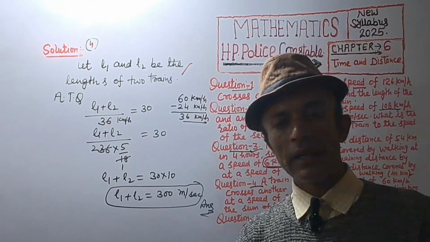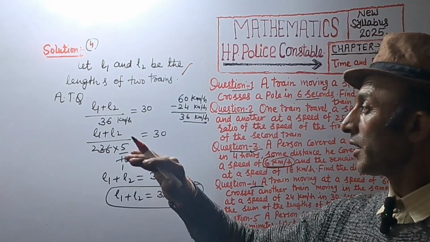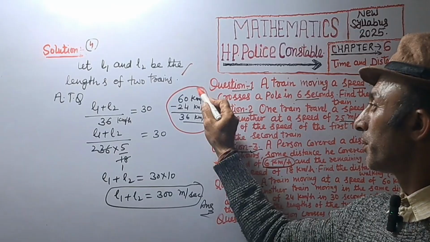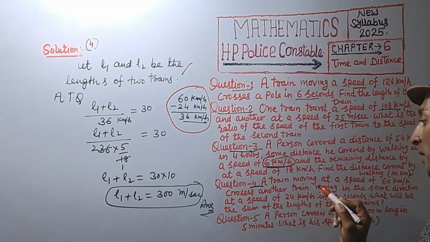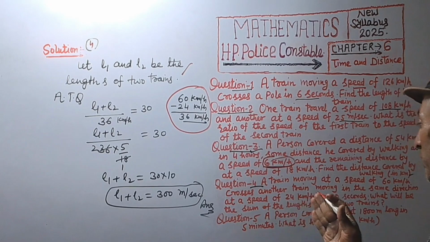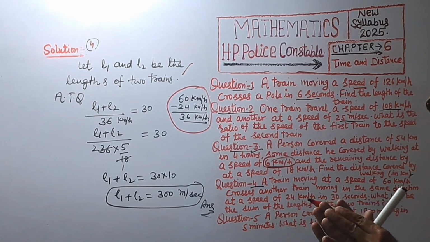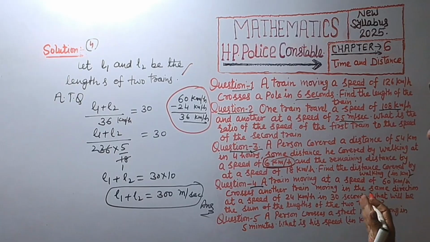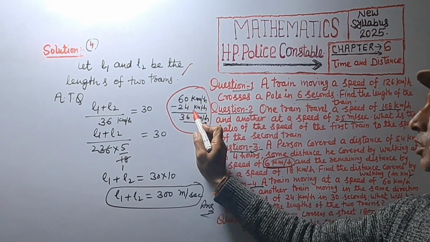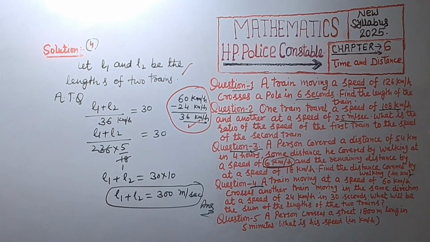Let L1 and L2 be the lengths of two trains according to the question. Their sum, if a train is moving at the speed of 60 km and another train moving in the same direction, then we subtract 60 km minus 24 km, that is equal to 36 km per hour.